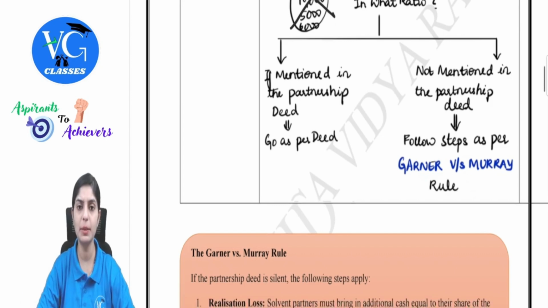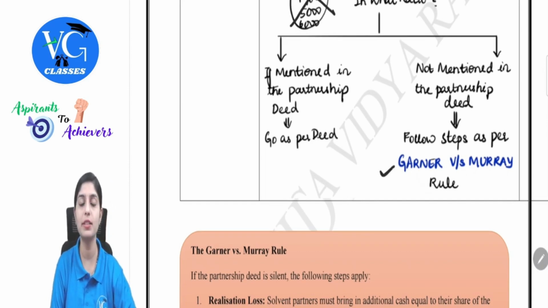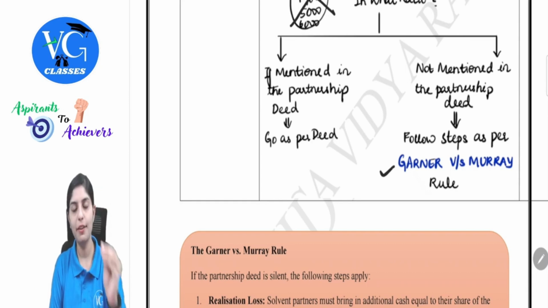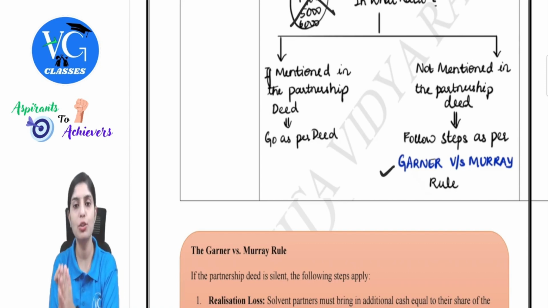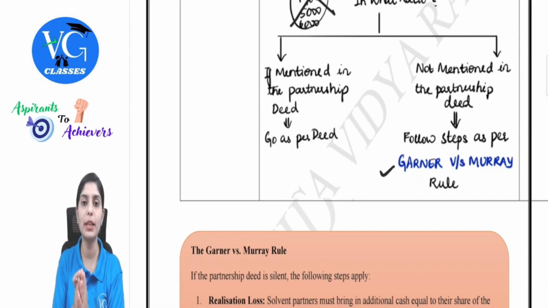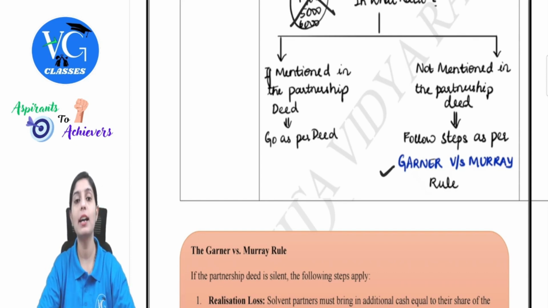If nothing is mentioned in the partnership deed, we will follow the steps as per a famous judgment, which is understood as the Garner versus Murray rule. So if there is insolvency, we first have to understand that the deficiency resulting from the insolvency of a partner will be borne by the solvent partners. So how is it done? The points are understood as per Garner versus Murray's rule.